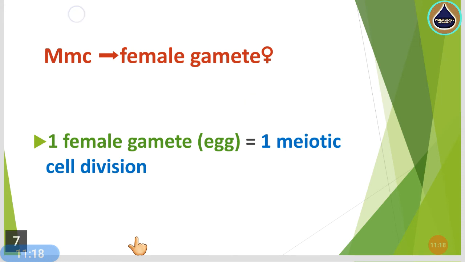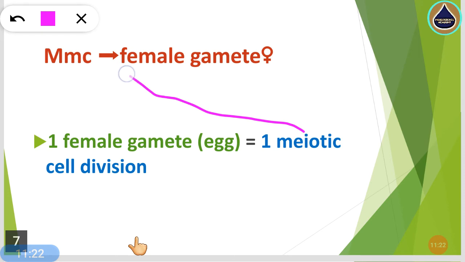It means by one meiotic cell division, this megaspore mother cell converts into one female gamete.